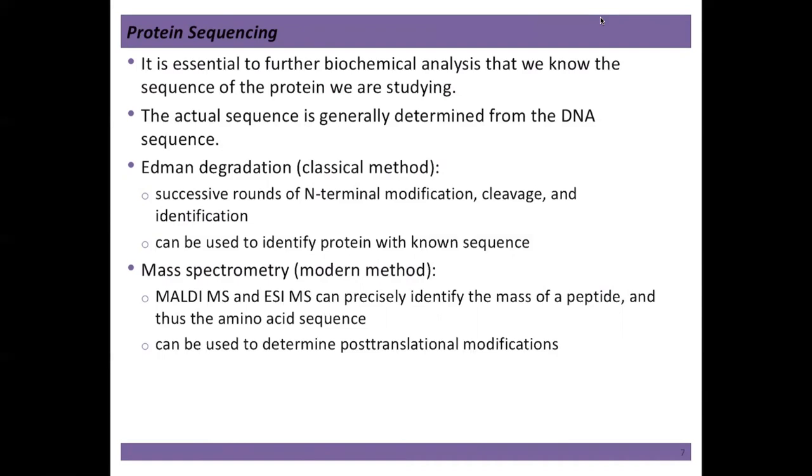But if you want to just take an unknown protein out of some organism, there's still methods used to determine that sequence. And one of those methods is Edman degradation, which is a classical method and actually relies on the two chemical methods that we just talked about, kind of this N-terminal sequencing and breaking the polypeptide up into smaller chunks.